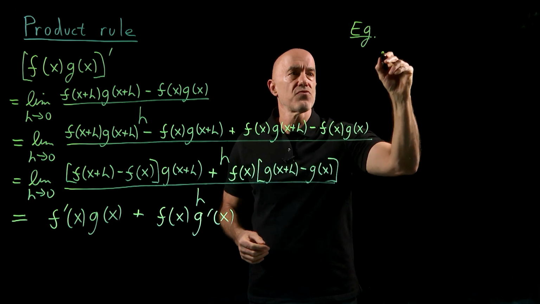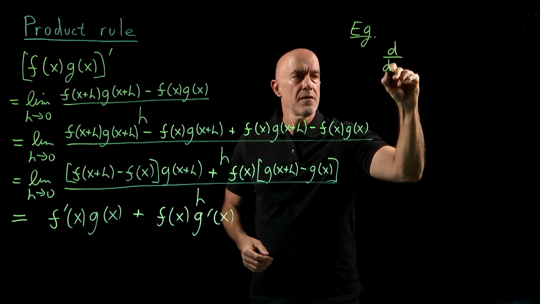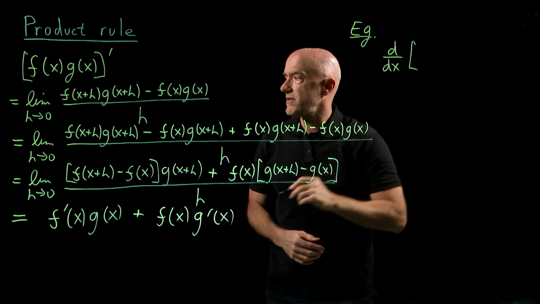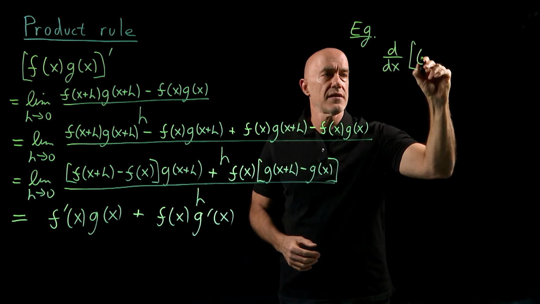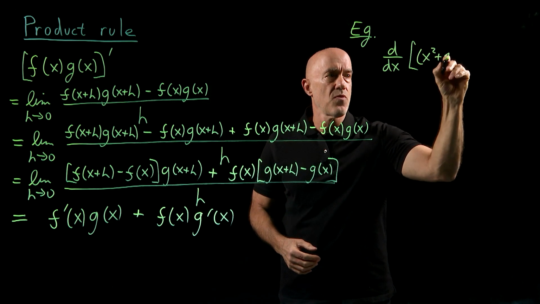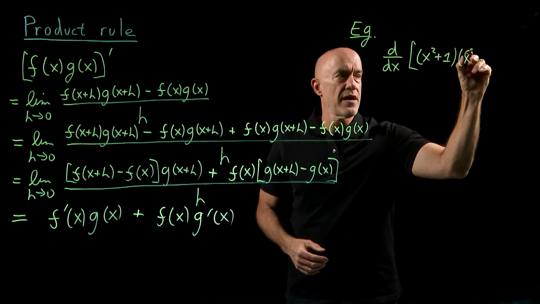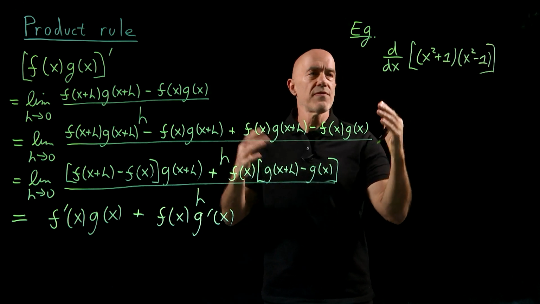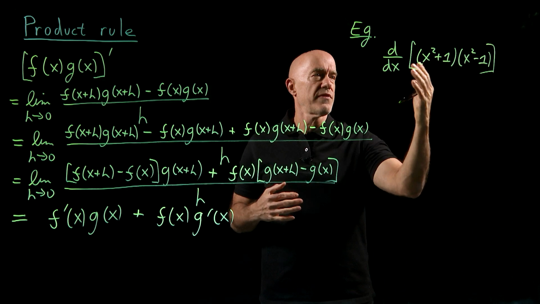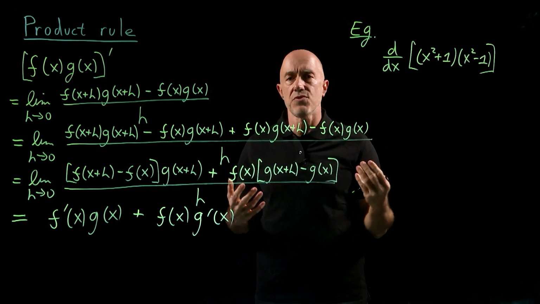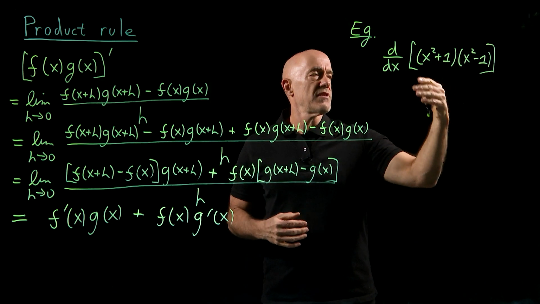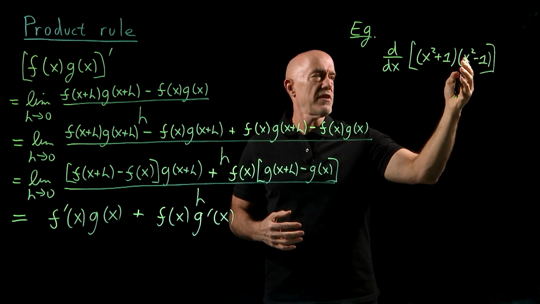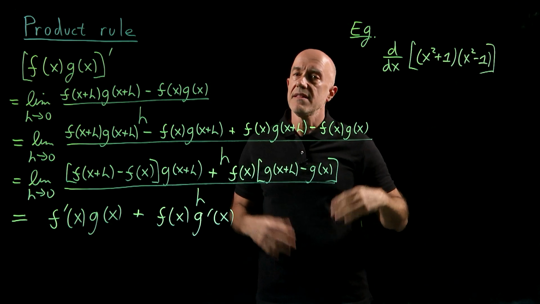Let's take the derivative, say, of the product of two functions, and I'll choose a simple one, x squared plus 1 times x squared minus 1. So the derivative of the first here is the derivative of x squared plus 1, that's 2x. The derivative of the second here is the derivative of x squared minus 1, that's also 2x.